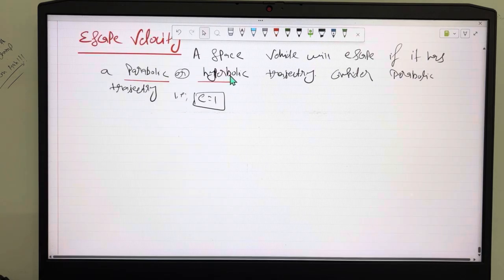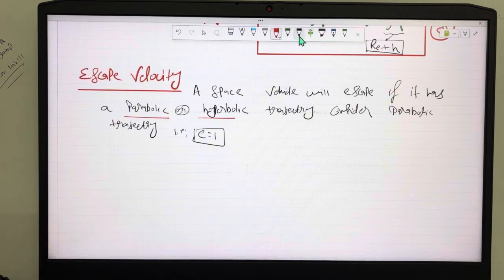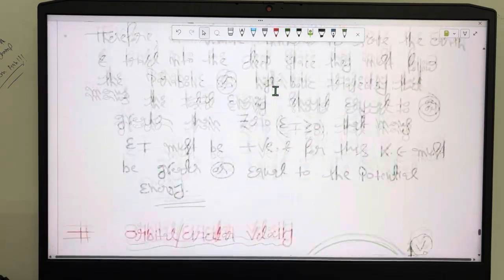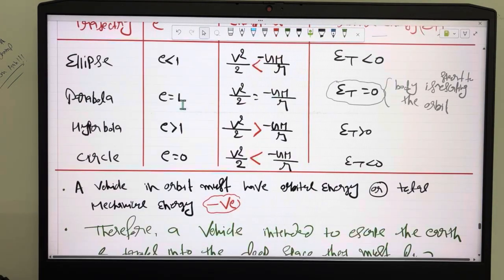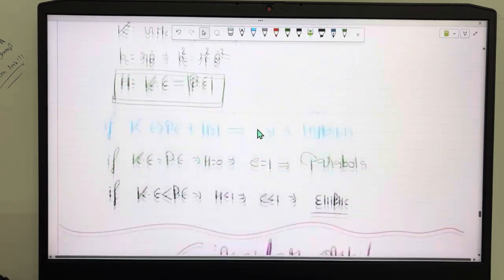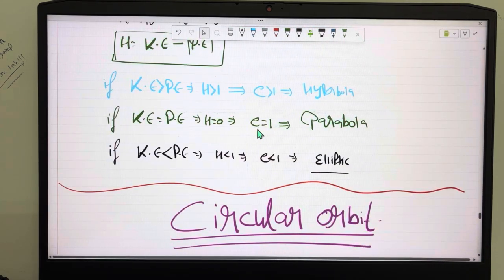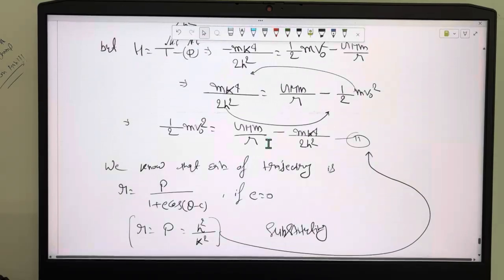So now if E is equal to 1, then kinetic energy will be equal to potential energy, right? We can write from this table: if E is equal to 1, then kinetic energy and potential energy will be equal.